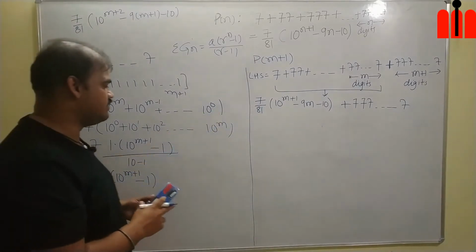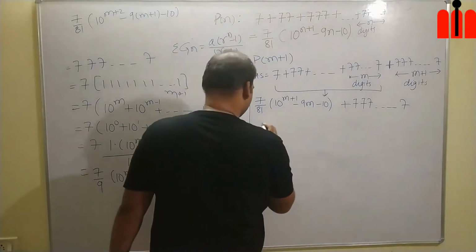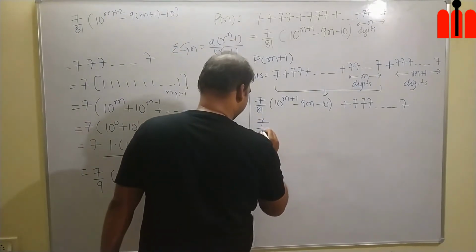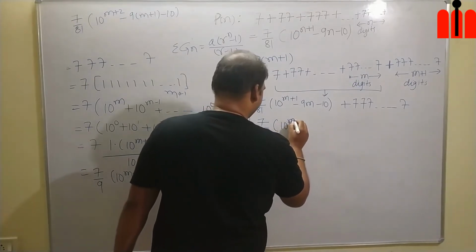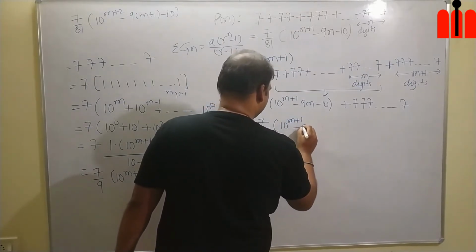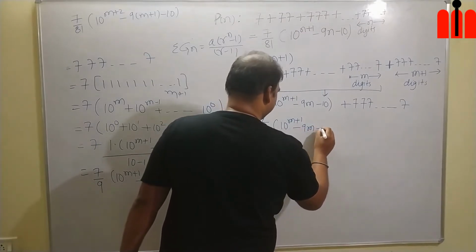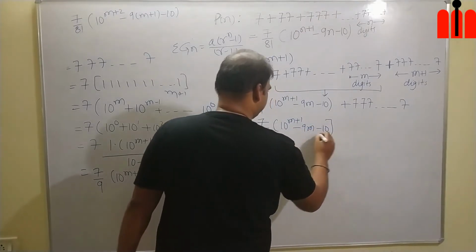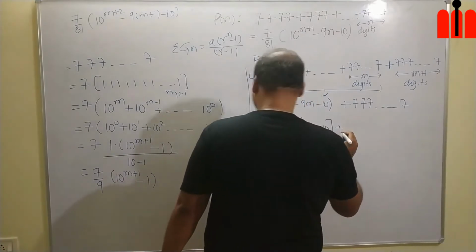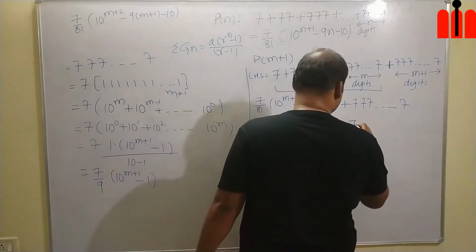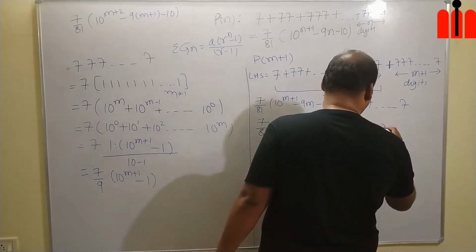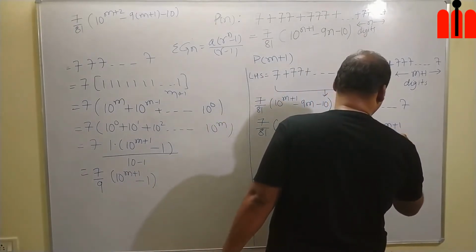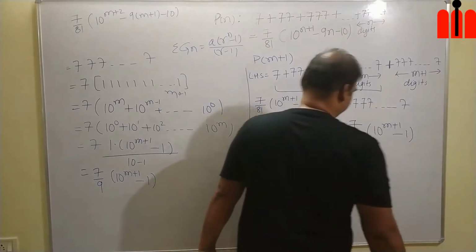So let's do the same here. 7 by 81, 10 to the power of m plus 1 minus 9m minus 10 plus 7 by 9, 10 to the power of m plus 1 minus 1.